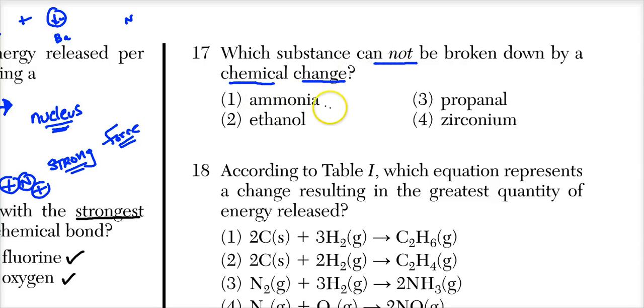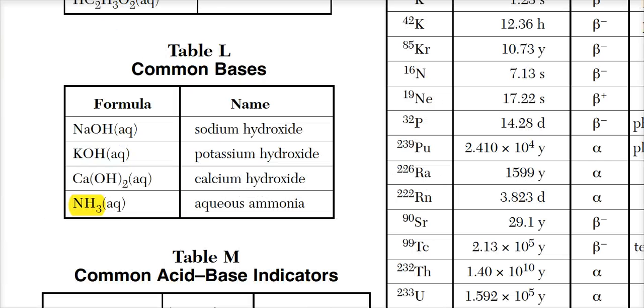If we look at ammonia, we should be aware at this point ammonia is NH3. You are being held accountable in this course to know that ammonia is NH3. If you don't know, I'll show you where you can look it up. So here is ammonia and aqueous ammonia right here.